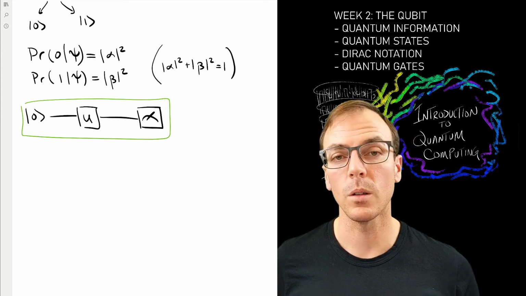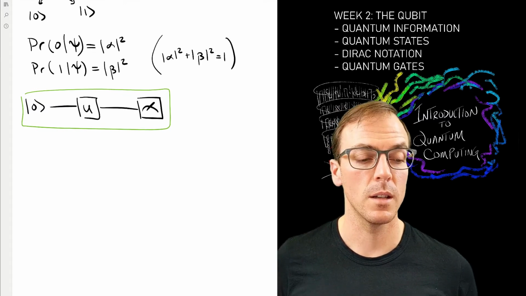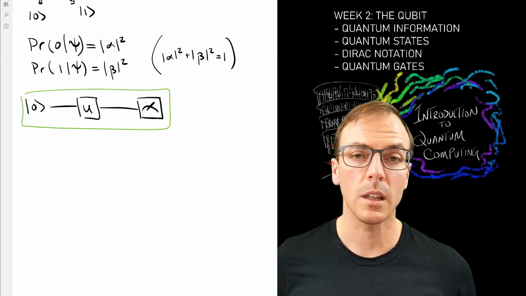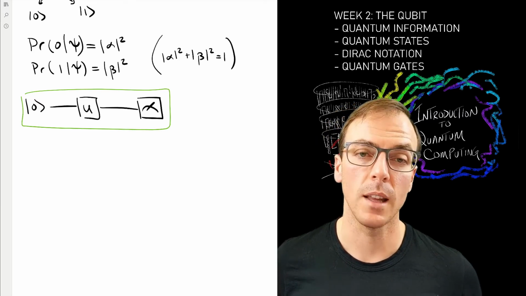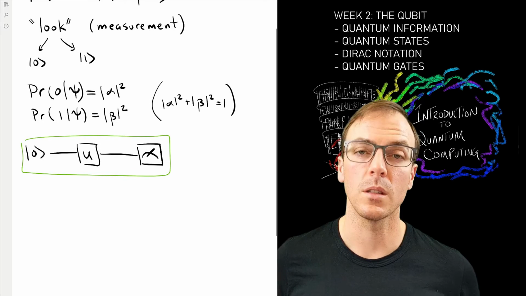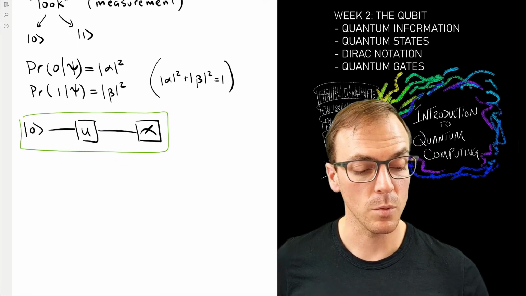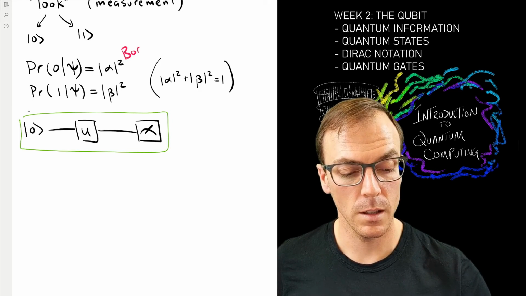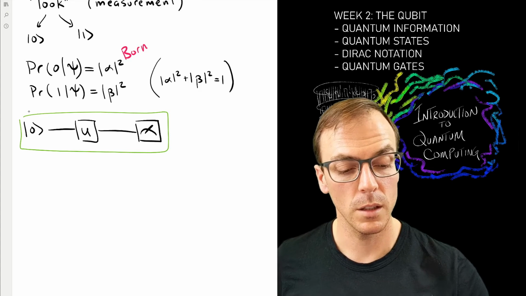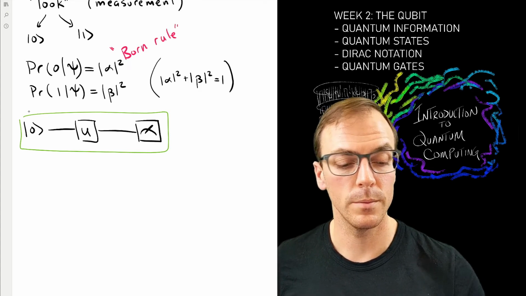Because in the real world, quantum physics imposes this constraint, which is that the result of looking at the qubit is not the particular state that it's in, but one of these two distinct possibilities with this probabilistic rule. And this rule has a name, named after the person who first wrote it down, called the Born rule.